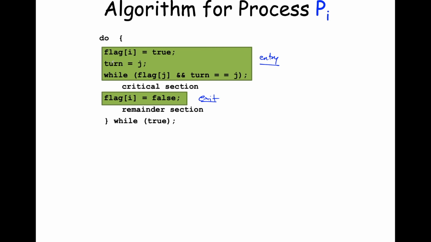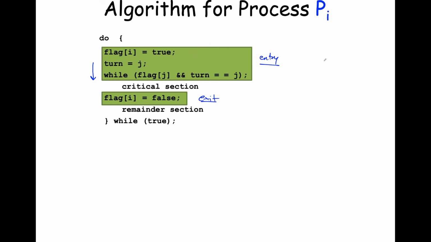So as long as some other process that's not the ith process is ready to access the critical section, and at the same time it's that process's turn, process Pi is just going to sit and spin in that empty while loop. Process Pi is not permitted to leave that entry section in its instruction stream. It won't leave and it won't access the critical section.